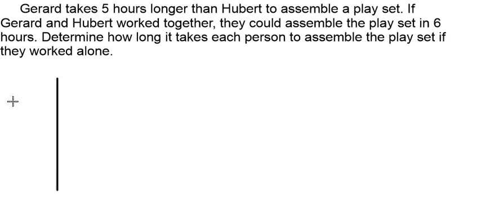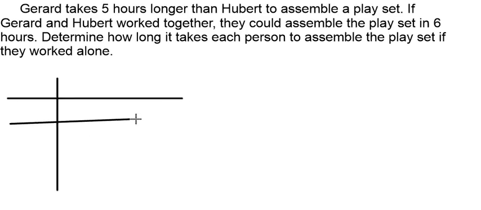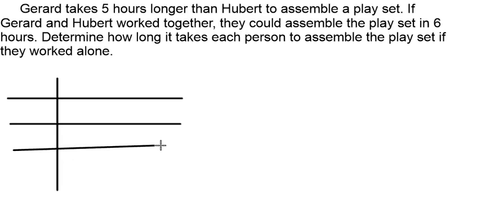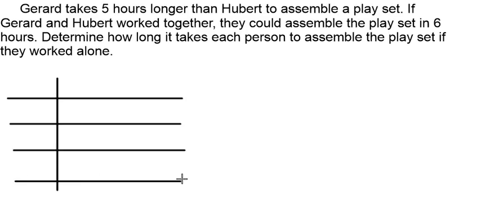So I'm just going to create a small table here where I have a row for Gerard and a row for Hubert, and then a row at the end for both of them. And what I want to do is compare the time it takes them each to assemble the playset, and then finally the rate at which they assemble the playset.